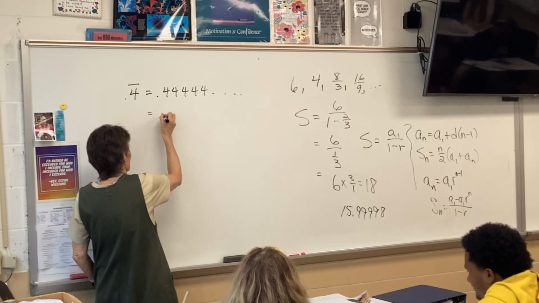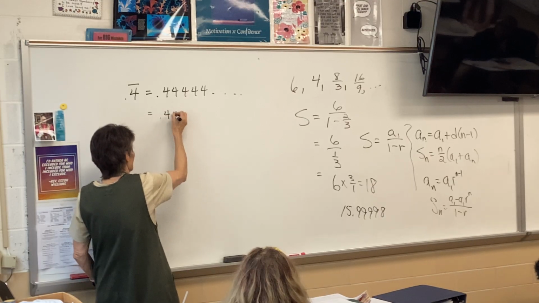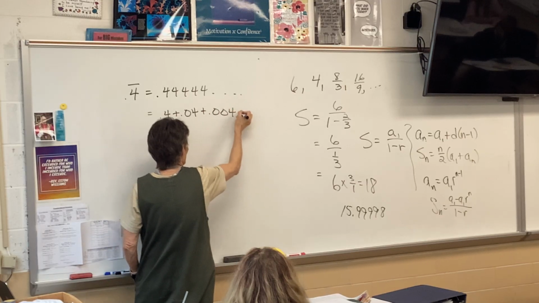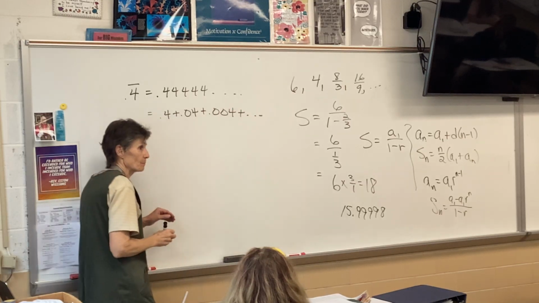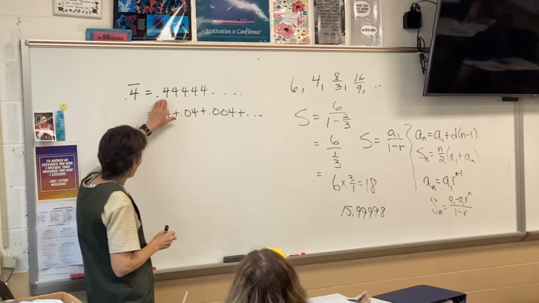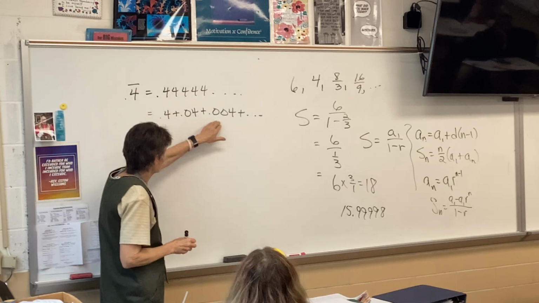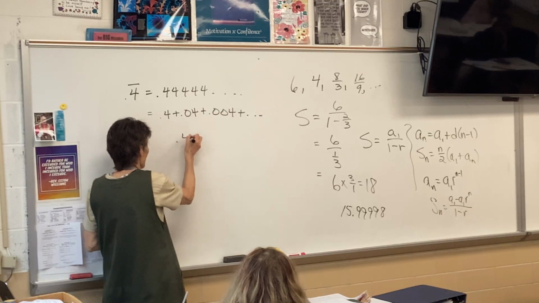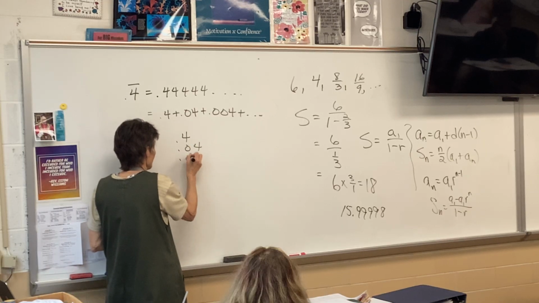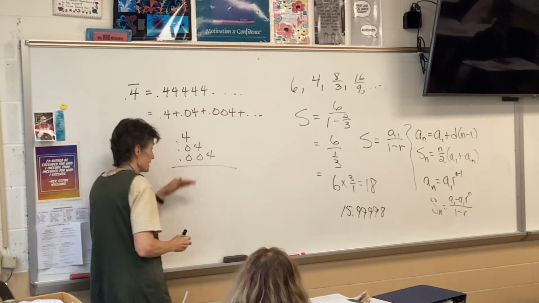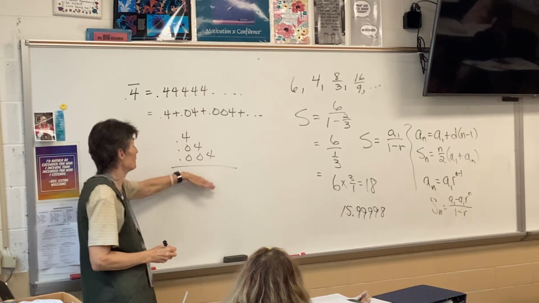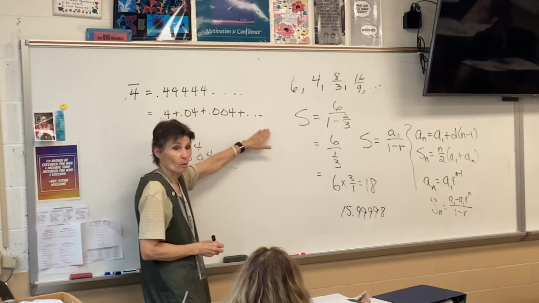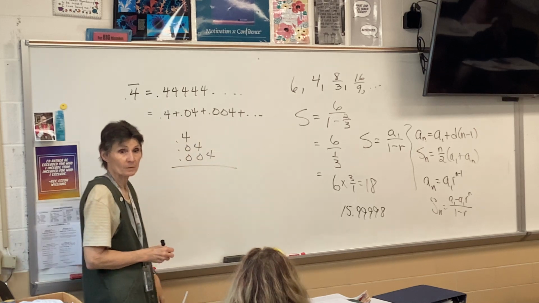This would be 0.4 plus 0.04 plus 0.004 and so on. So each 4 gets an additional 0 as we go down the line. If I lined these up on top of each other, it might be easier for you to see. You see how adding those up would give me my decimal? And that just keeps going forever and ever.